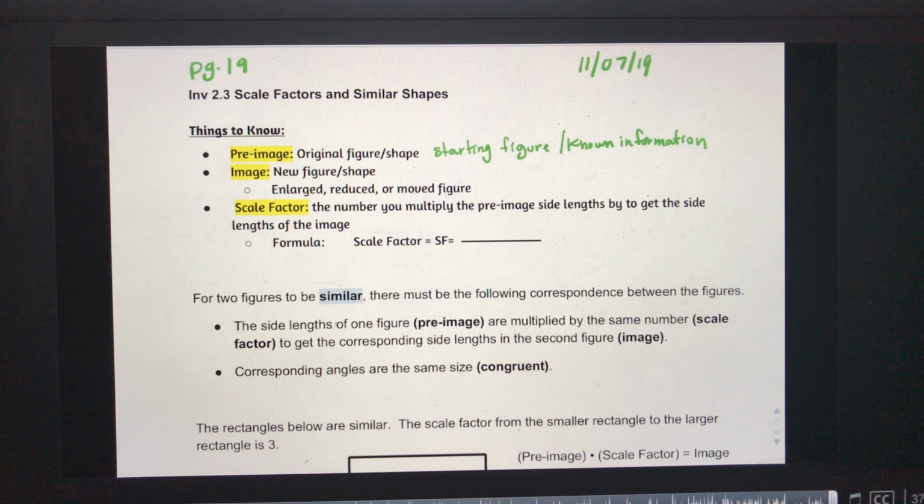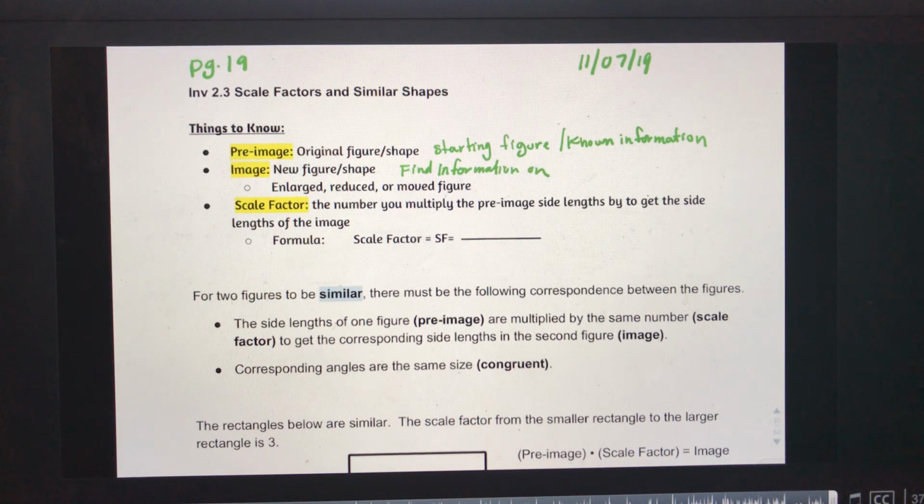This is the one you're trying to find information on, or your unknown information. Usually your variable, your x, whatever letter they're using.